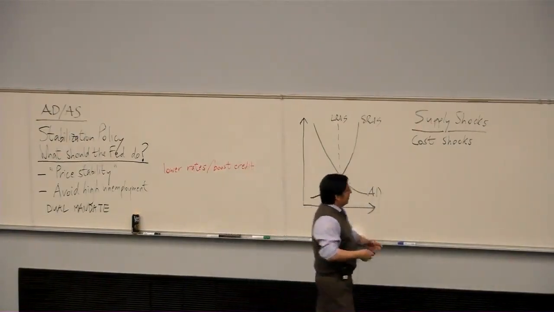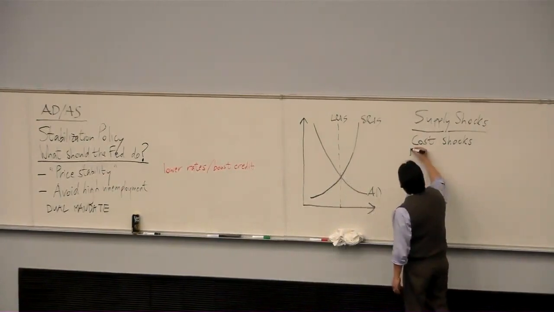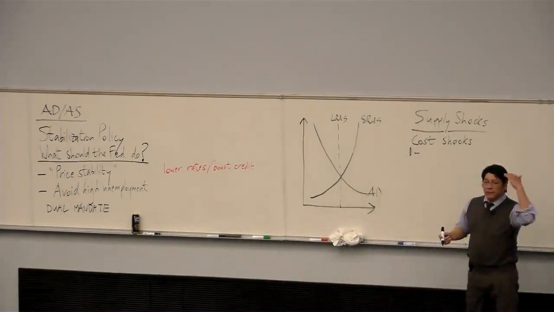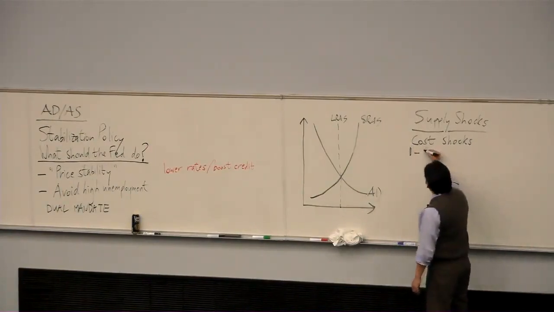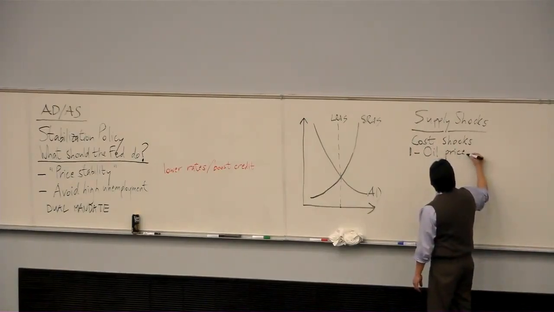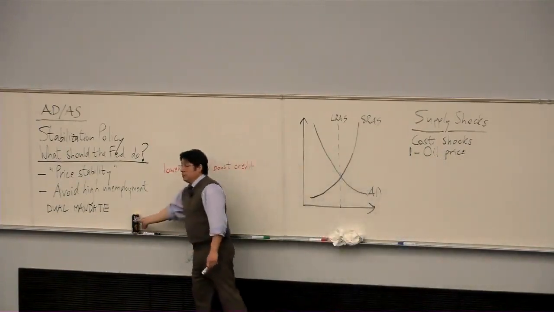So what were the examples that we looked at? The classic cost shock that everyone thinks about, the first thing that comes to mind when people think about supply shocks, tends to be big changes in the price of oil or the price of energy more broadly.